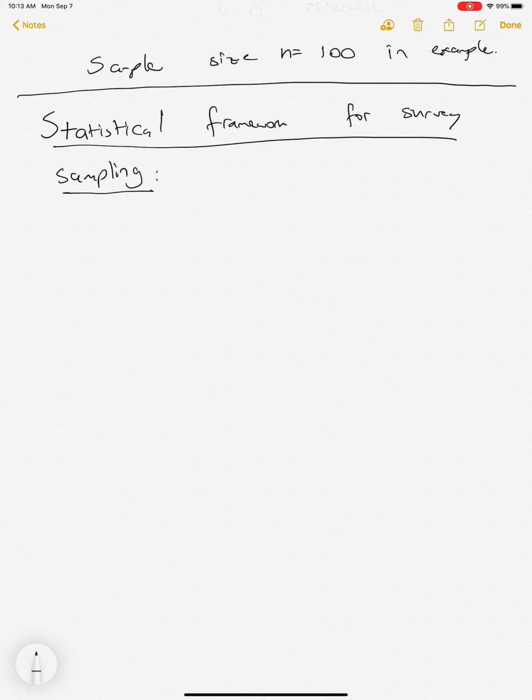As always, we're going to try to tie things back to our statistical framework, because that gives us a firm grounding. We covered the statistical framework in the previous lecture. So our data here is our sample. You typically don't know what the entire population is.